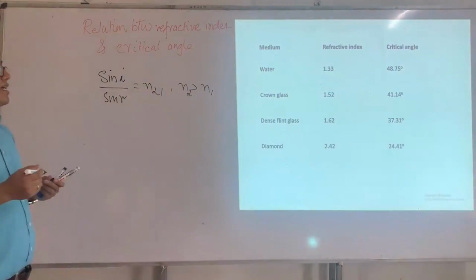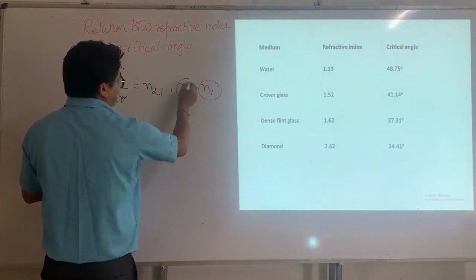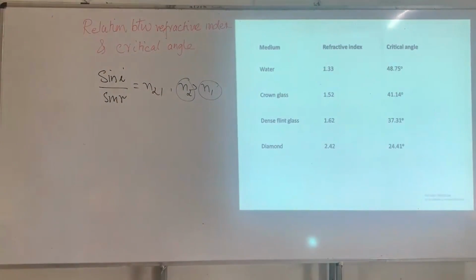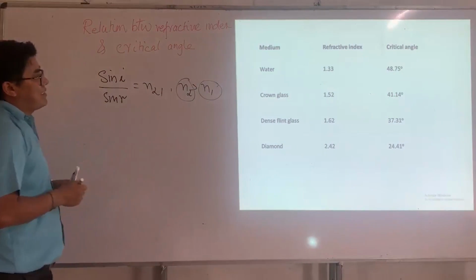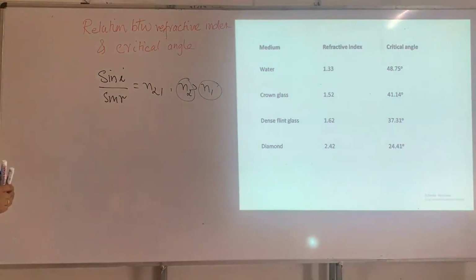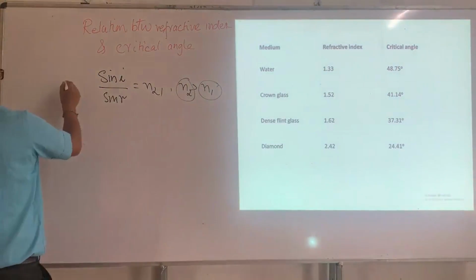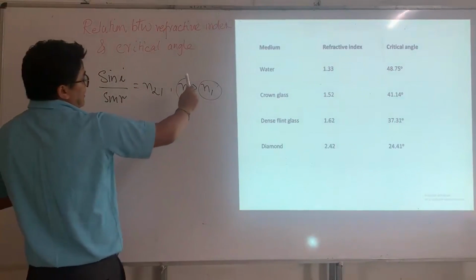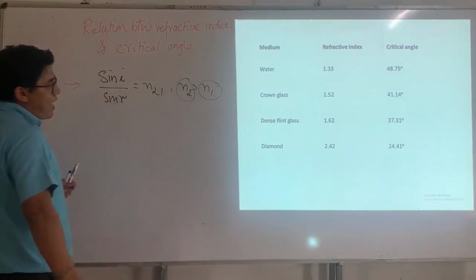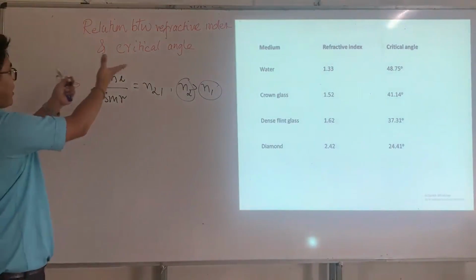I will say this is medium 1 and this is medium 2, and the light goes from medium 2 to medium 1, because medium 2 is denser than medium 1. So this is the first condition we have to satisfy. Condition number 1 is done since light goes from denser to rarer: 2 is the denser medium and 1 is the rarer medium, and this is how we get this Snell's law.